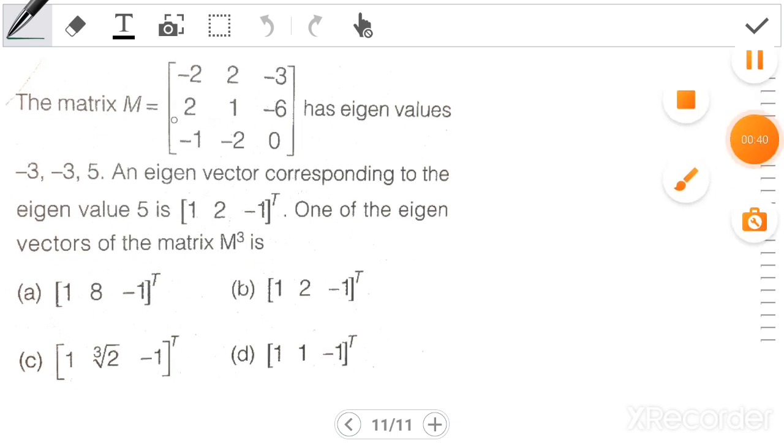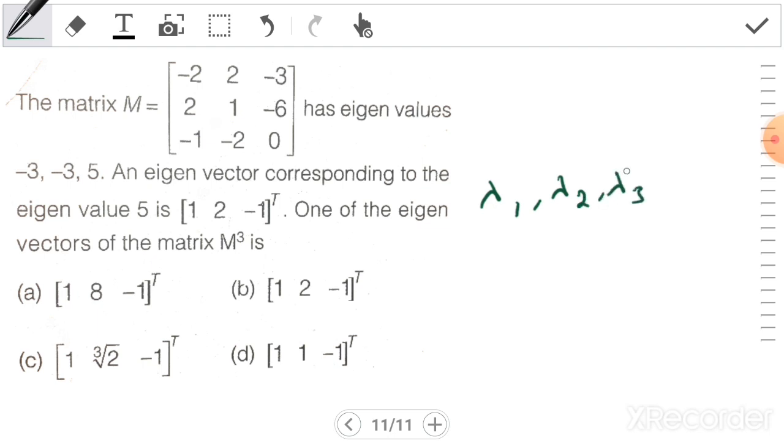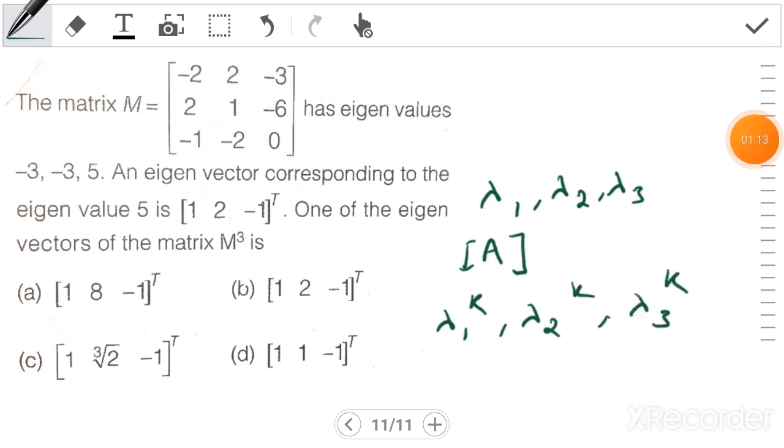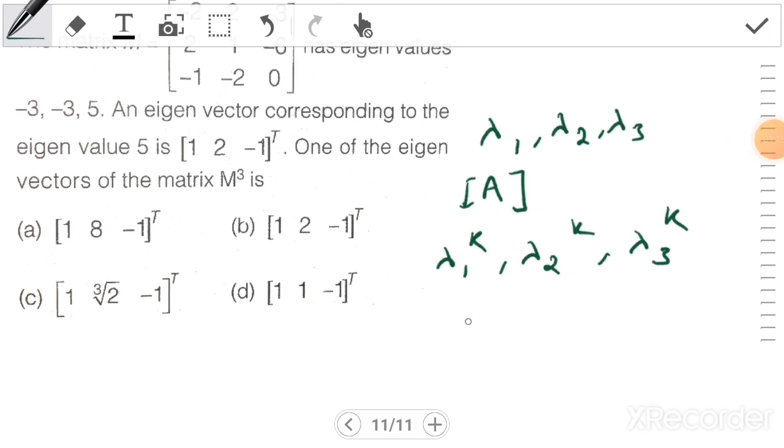The matrix M has eigenvalues minus 3 and 5, and an eigenvector corresponding to the eigenvalue 5 is given. One of the eigenvectors of the matrix M cube is. So from property we know that if lambda 1, lambda 2 and lambda 3 are the eigenvalues of matrix A, then lambda 1 raised to the power k, lambda 2 raised to the power k, lambda 3 raised to the power k will be the eigenvalues of A raised to the power k.